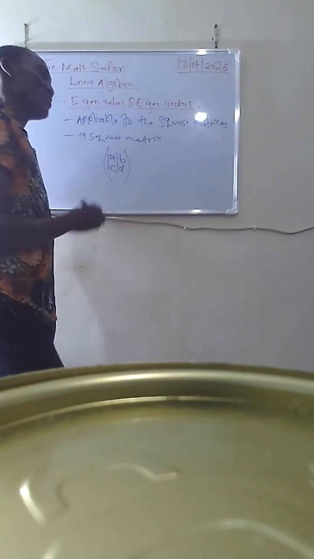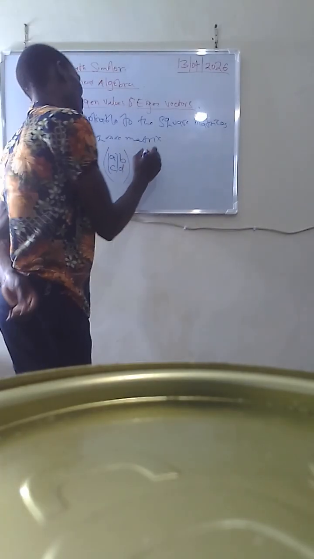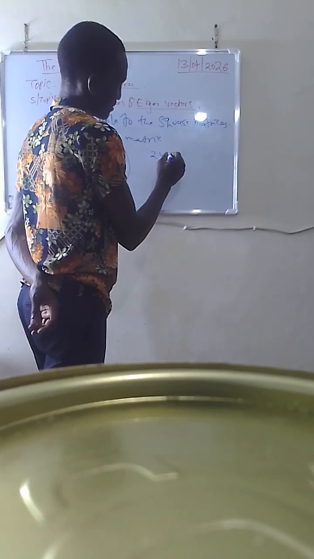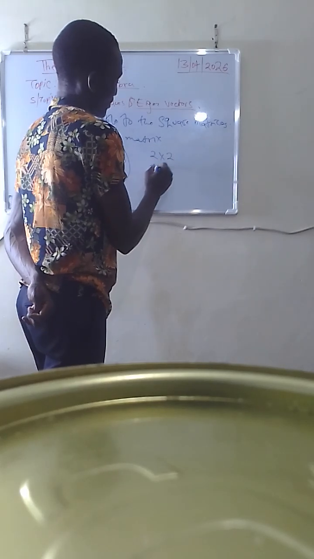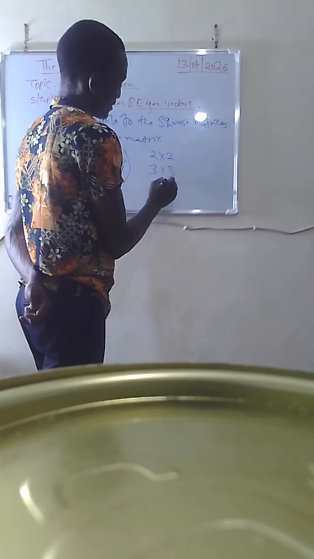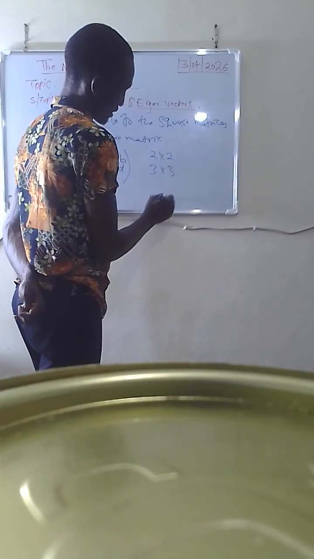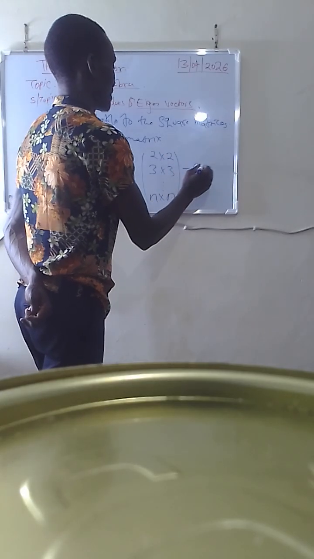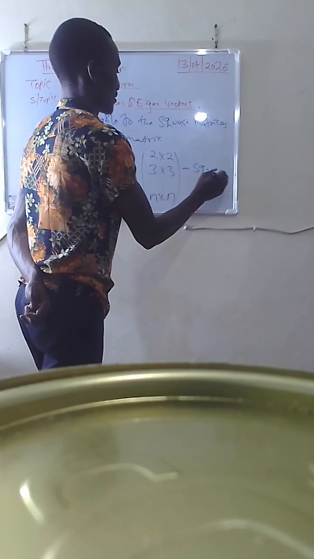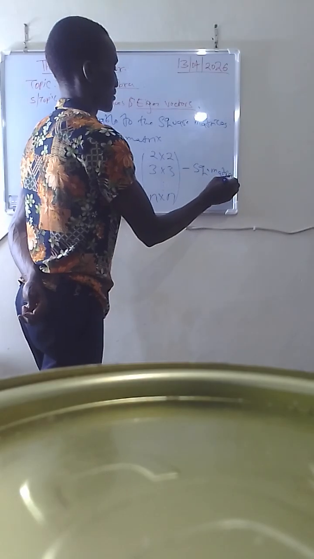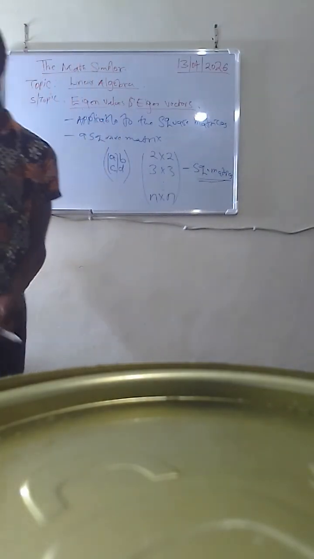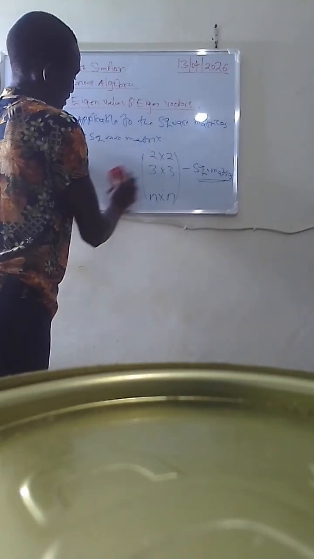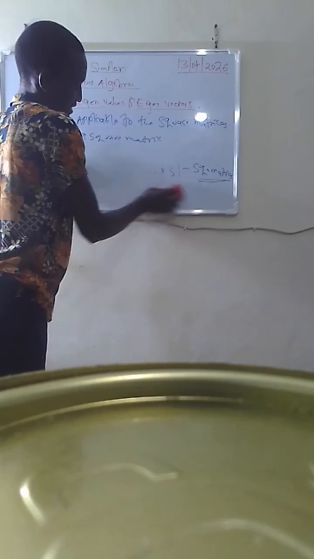This is a square matrix. So square matrices are 2 by 2 matrices, 3 by 3, up to n by n. Then we also want to introduce something called an identity matrix.